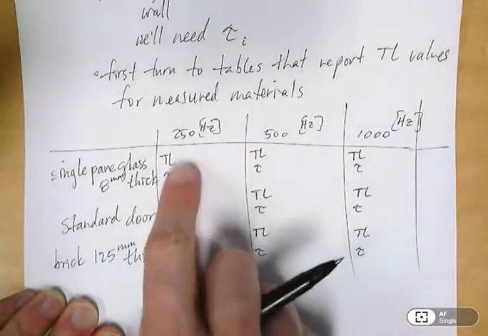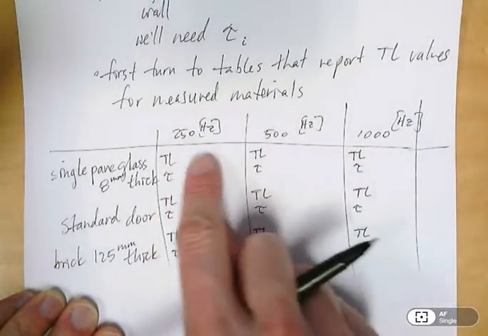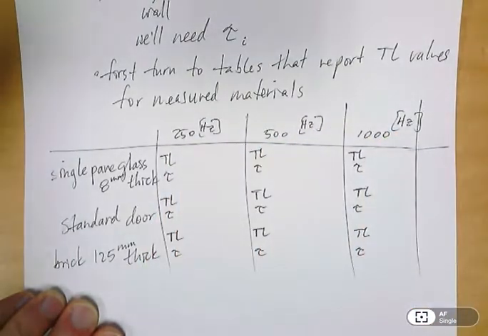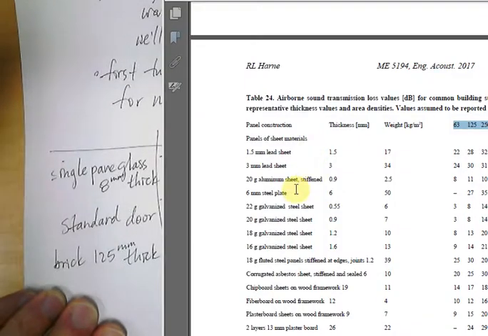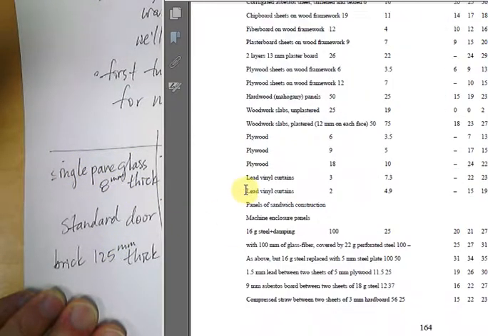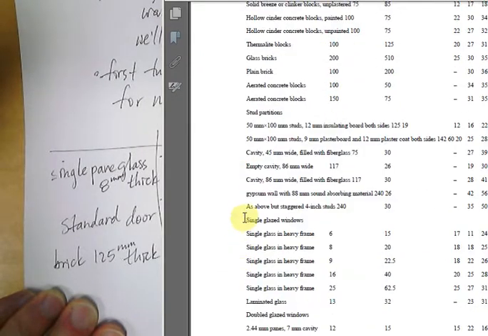But we need to find the TL values for these 3 octave bands in our table. So let me bring this over, and I'll keep on the screen some of the names they're showing. We want single pane glass of 8mm thickness. I happen to know that the single glazed windows are down here, so single glass and heavy frame, 6mm thickness. There we go, 8mm thickness.